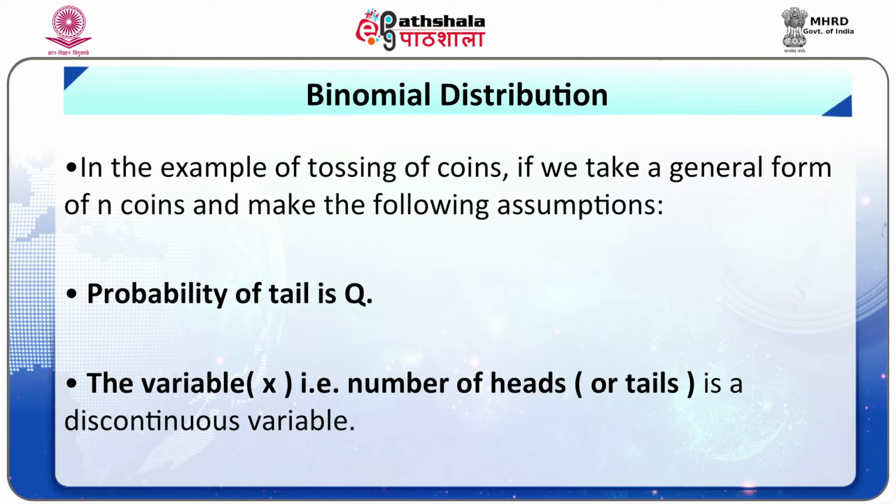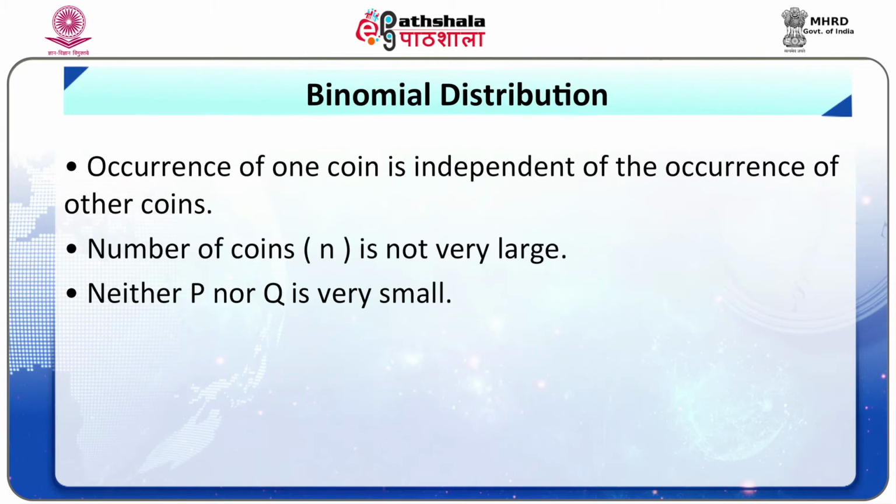Discontinuous means it can occur only in integers 1, 2, 3, 4. It will not occur in decimals. Occurrence of one coin is independent of the occurrence of the other coins. And the number of coins n is not very large.